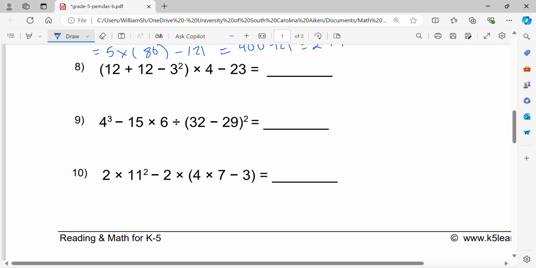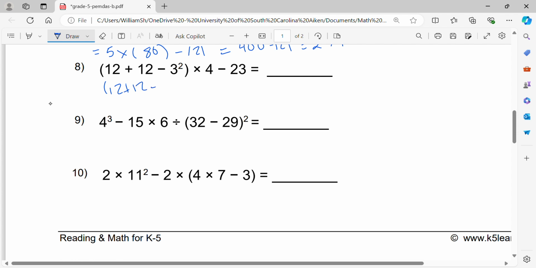Alright, number 8. We have parentheses 12 plus 12 minus 3 squared, close parentheses, times 4 minus 23. Now we're going to take care of this parentheses first. We need to take care of this squared first.